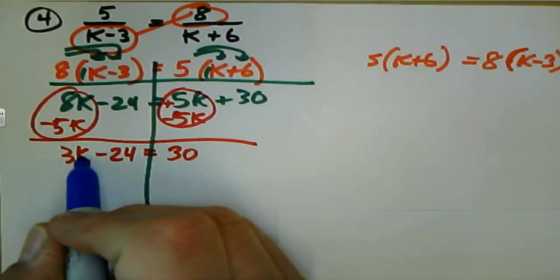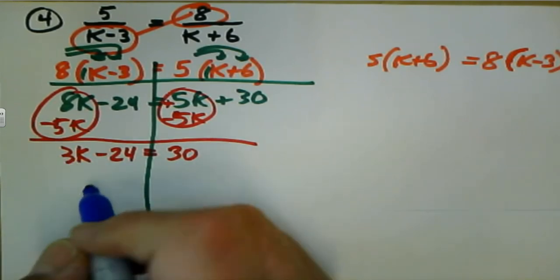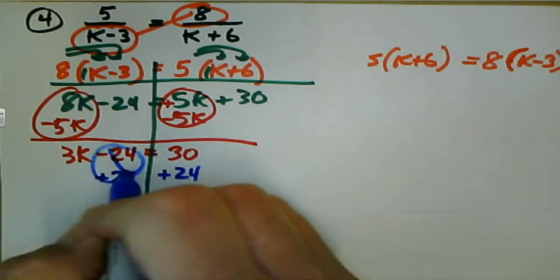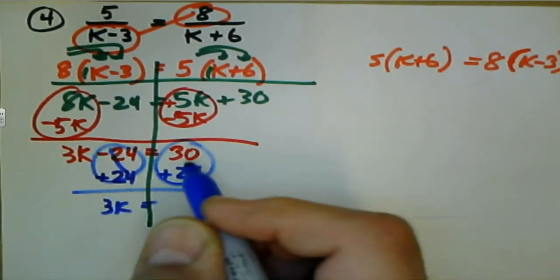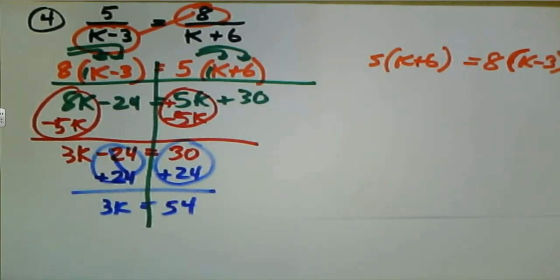All right, what's added or subtracted to the k? Well, you can clearly see it's negative 24 and not 3 because that's 3 times k. So we're going to add 24. We're left with 3k. And 30 plus 24 is 54. It's a nice big number.